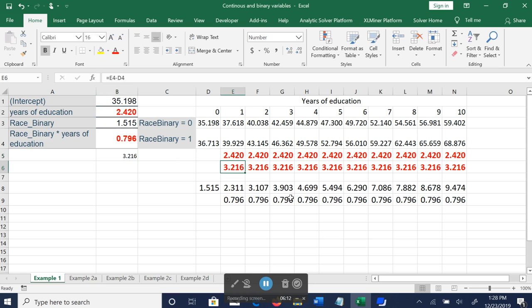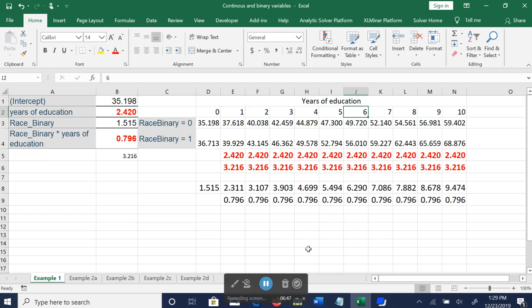So this is the meaning of interaction between continuous and binary or dummy variable. As you can see, for those from this racial group, if they acquire more years of schooling, they are going to experience more increase in income. It seems that this racial group is better off if they go for more years of schooling.